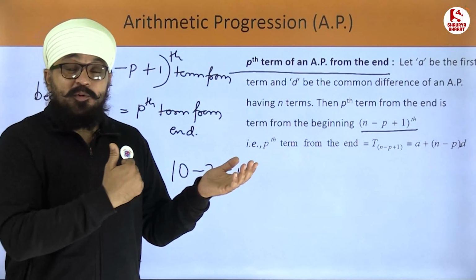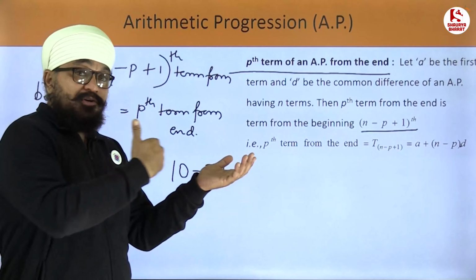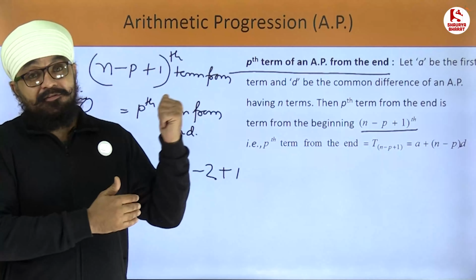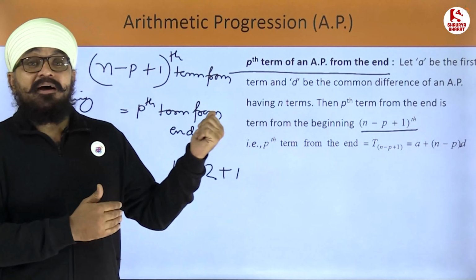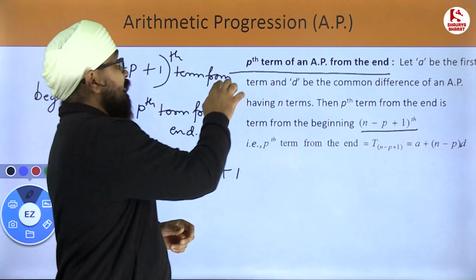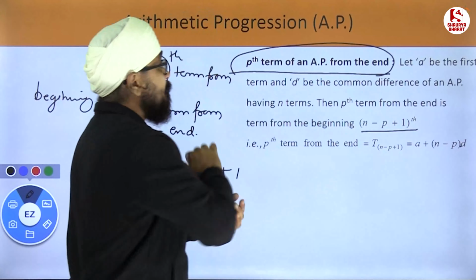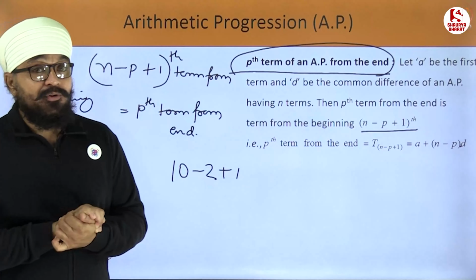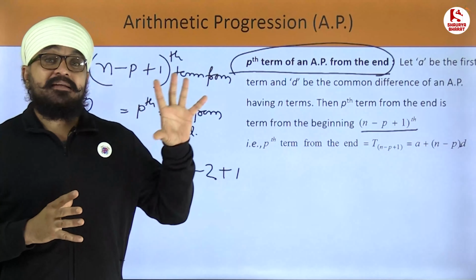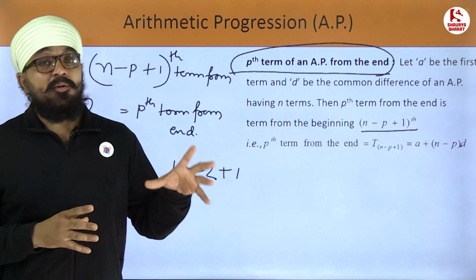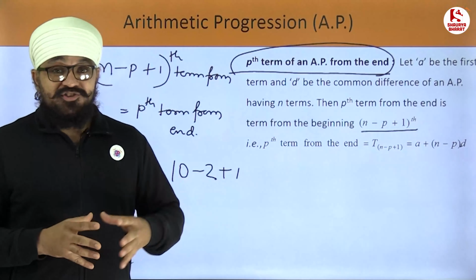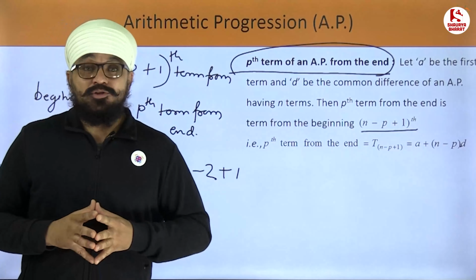That means if D is positive from the front, from the beginning to the end, then counting in reverse order D will be minus D. So, to find the pth term from the end, as a short trick, we take the last term as the first term and the common difference as minus D. So, we will take the question for this.